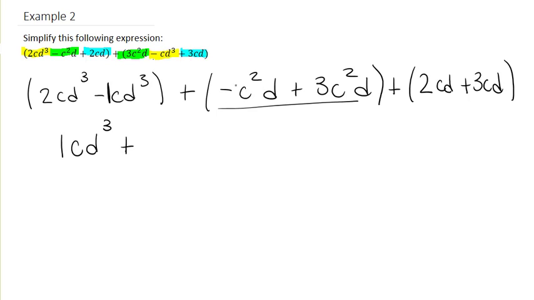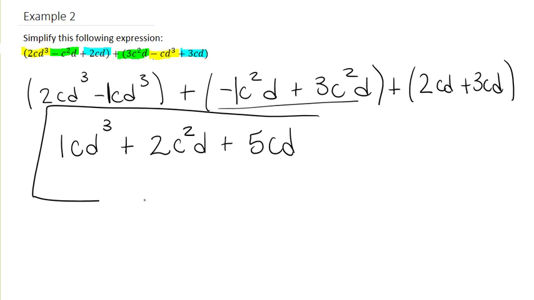So we see that we have a negative 1 plus 3, so this is really just 2 c squared d. As we always just keep the variable as is and then just do the addition or subtraction of the numbers. Now we have 2 cd plus 3 cd, which is equal to 5 cd. And this would be our final solution.